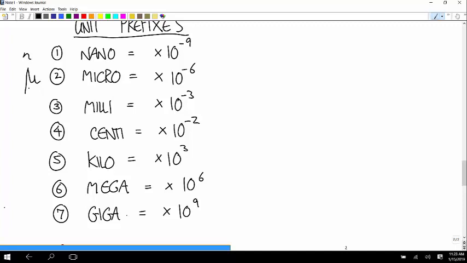This one is really easy to remember because mu is spelled mu, and it looks like a combination, halfway between a U and an M. The other ones you're on your own, but milli is lowercase m, centi is lowercase c, kilo is lowercase k, mega is capital M, and giga is capital G.